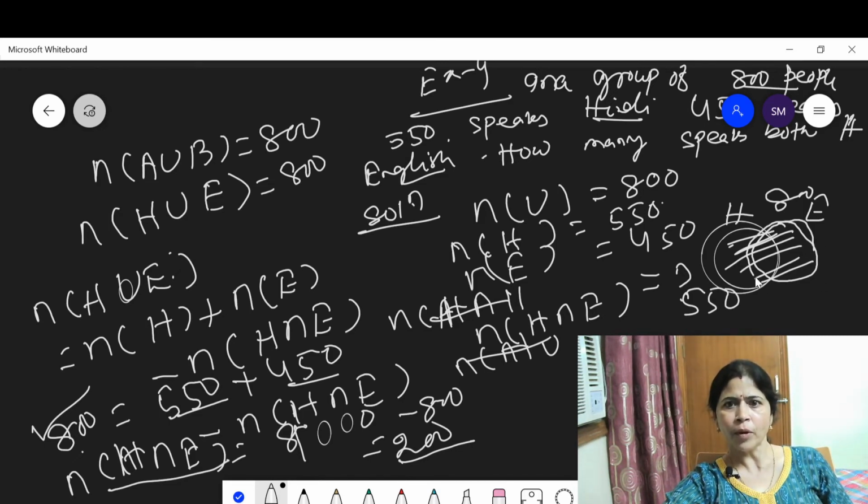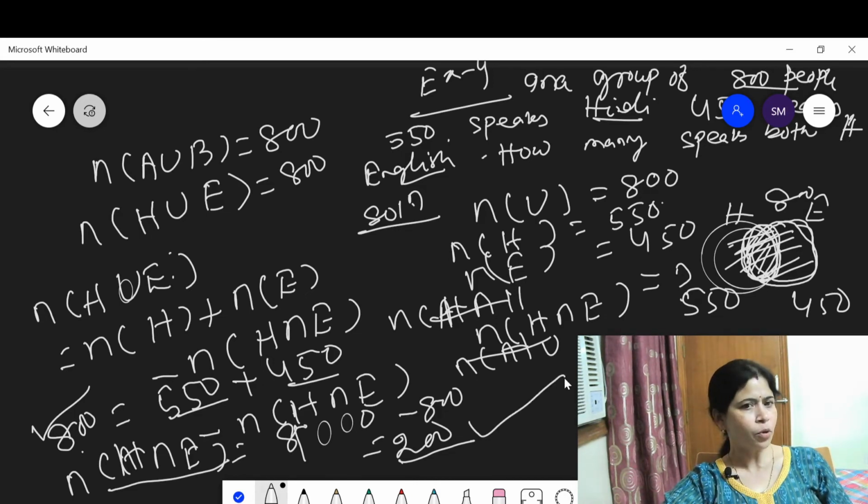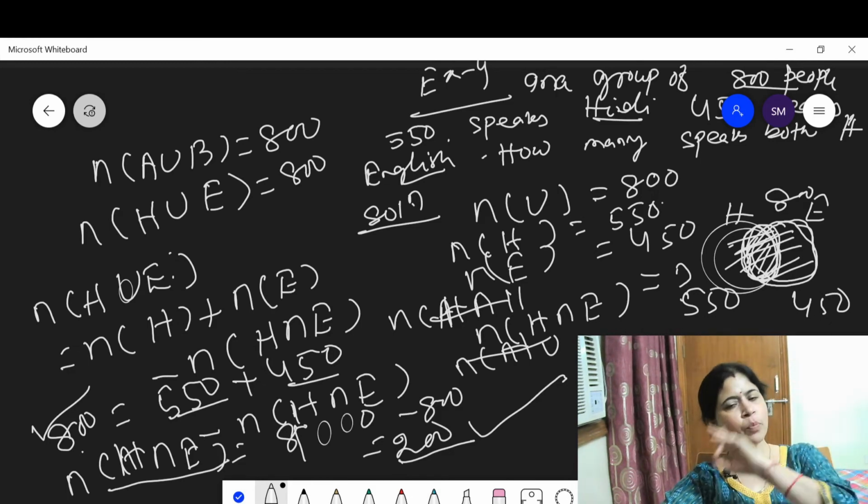The number of people who speak English is given here, 450. Here we have to find out the persons who speak both Hindi and English, meaning the overlapping persons. This is the common persons. By solving this, we come to the conclusion that n of H intersection E is 200. This means there are 200 people among that group who can speak both languages.